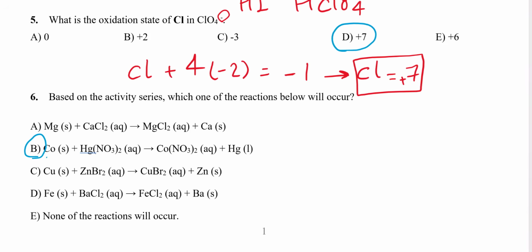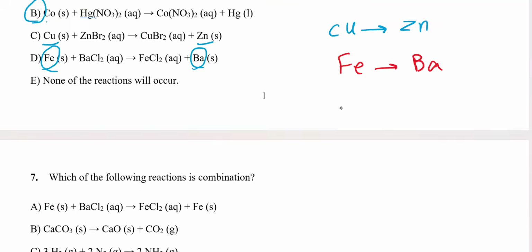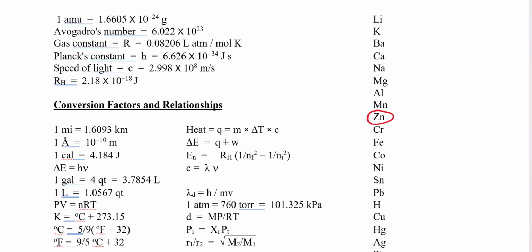In C, we have copper and zinc. So copper forms zinc. And in D, we have iron and barium. So iron forms barium. Let's double check these two as well. Here we have zinc and here we have copper. So copper cannot form zinc. And also the next one was iron and barium.